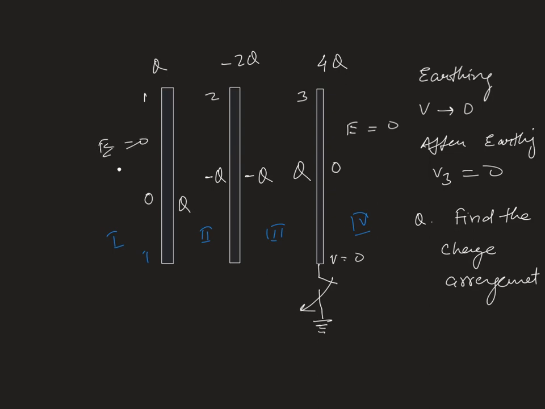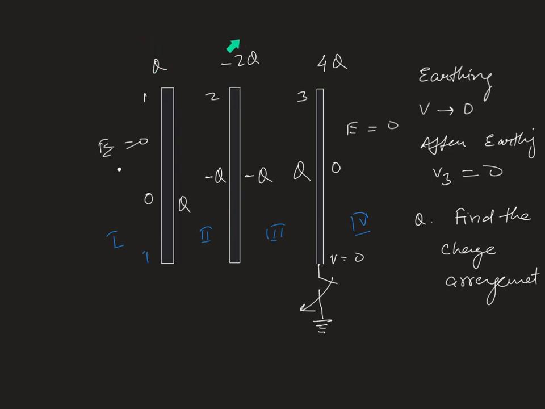Likewise, the field in region 4, the rightmost region, is also 0 because the field is only due to the leftmost and rightmost charges. There is no field due to these two or these two charges because the net fields will get cancelled out. You can very well see here that the charge here is Q, the charge here is minus 2Q, which was initially given.